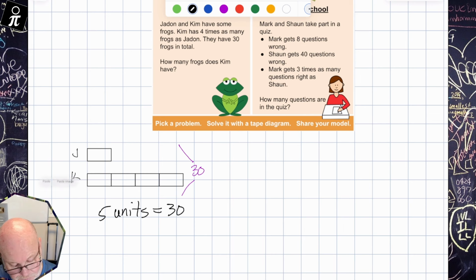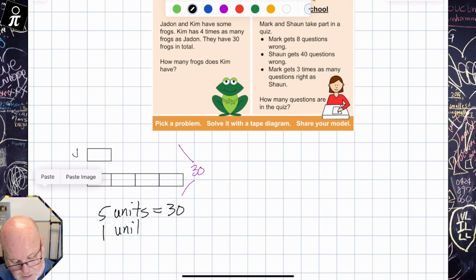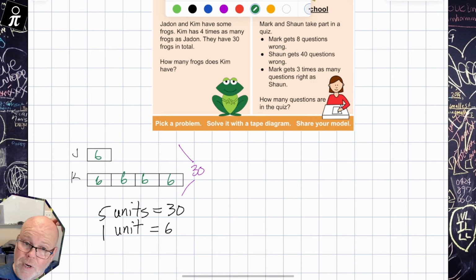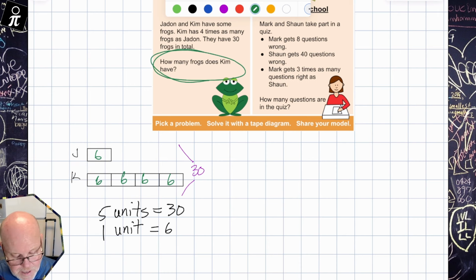Using a little bit of division, that means 1 unit has to equal 6 frogs. So each of these units has 6 frogs. And then we want to know how many frogs does Kim have. So these 4 units is what Kim has, and that's 24 frogs.